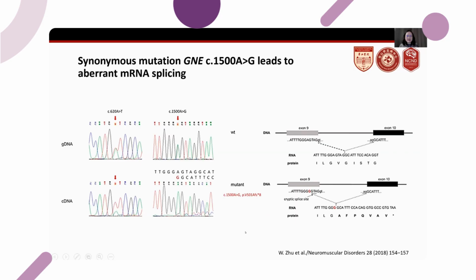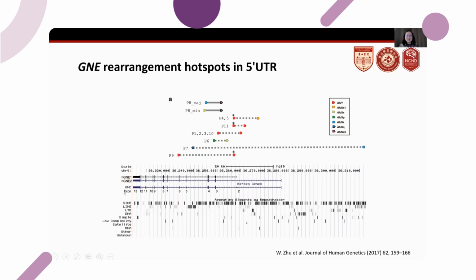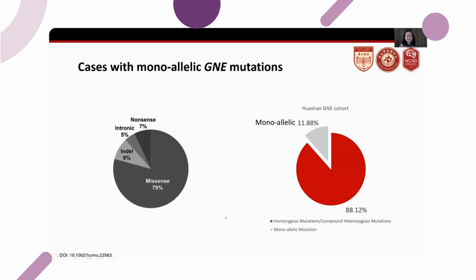We also found that previously there are some special mutations, like some synonymous mutations near the exon-intron boundary, that can alter the mRNA splicing. And there are also rearrangement hotspots encompassing the 5'-UTR due to the high density of Alu sequences in the introns.